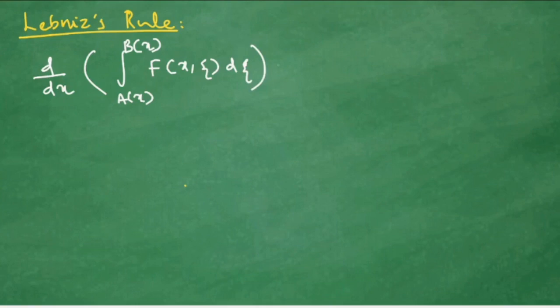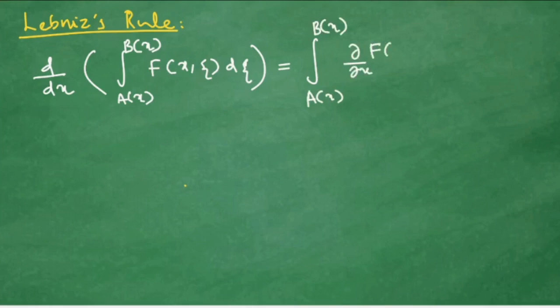Then by Leibniz rule we have the formula as integral a of x to b of x, dou by dou x of f of x, theta, d theta, plus f of x comma b of x.